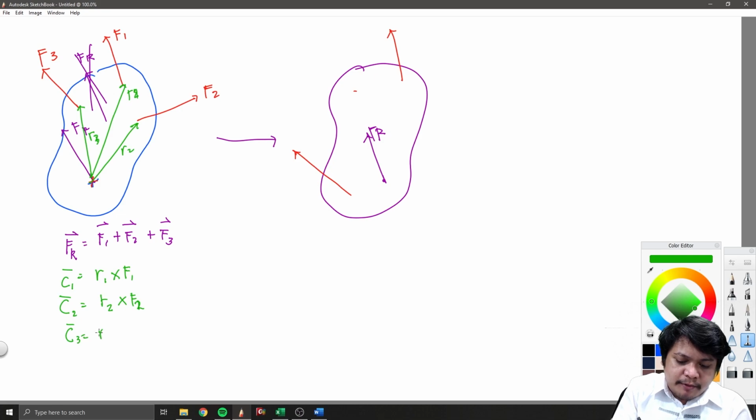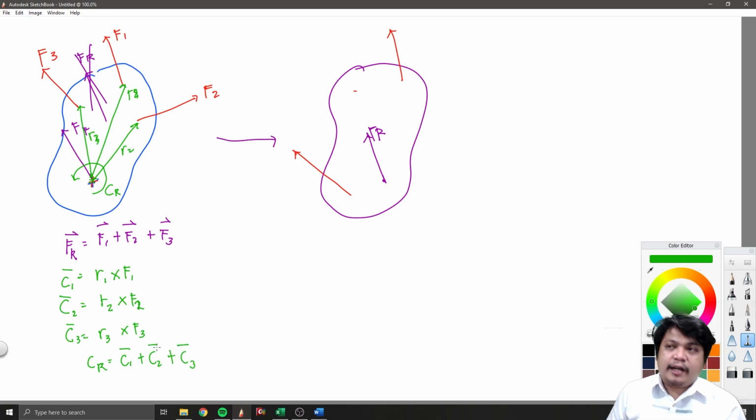And lastly, you will be having here R3 cross product of F sub 3. Okay? So, kapag dito ko nilagay yung force, magkakaroon ako ngayon ng resultant na moment. Tatawagin ko yung CR. And your CR would become equal to C1 plus C2 and then plus C3.